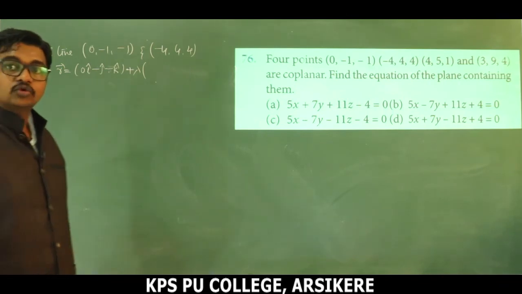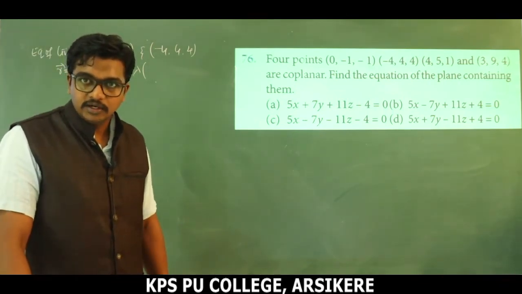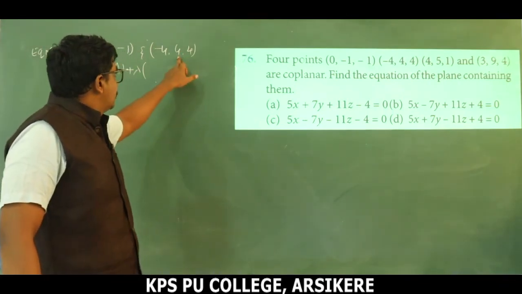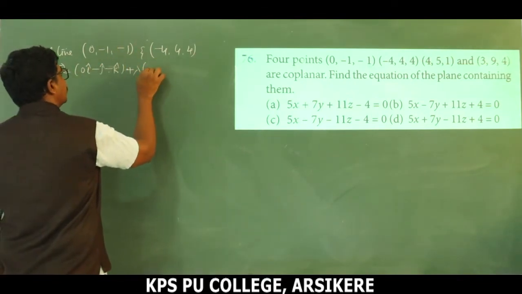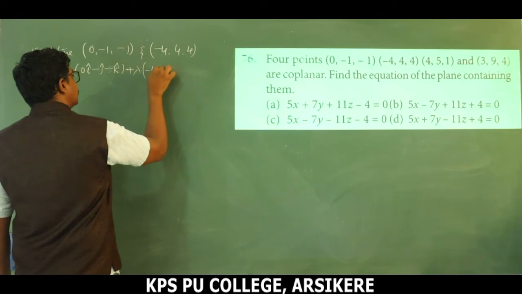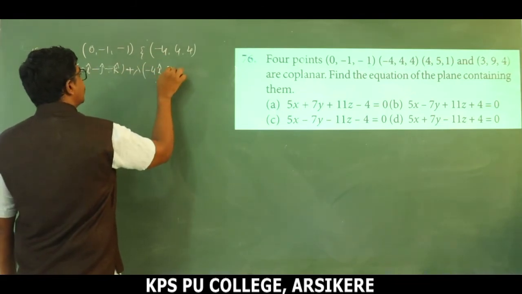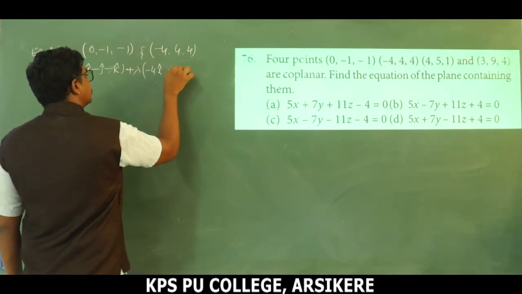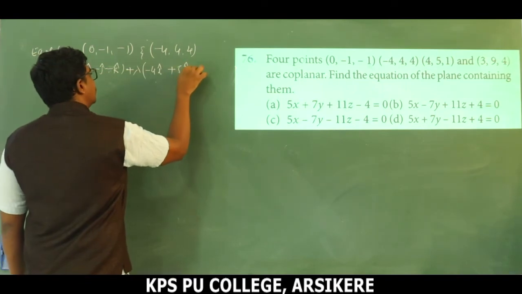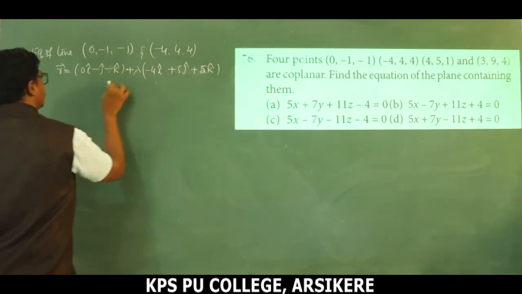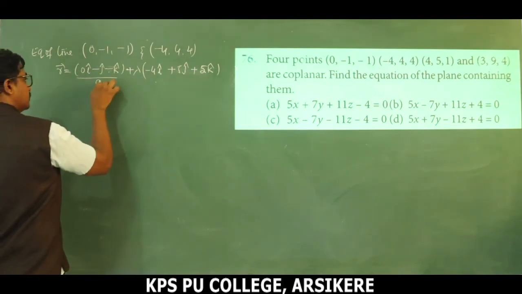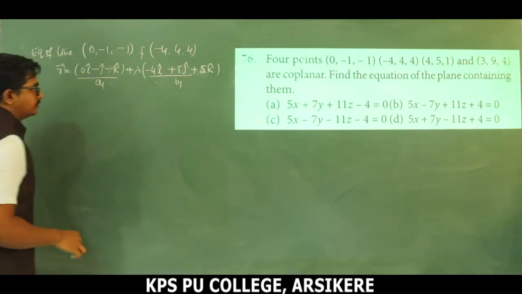So we have vector b minus vector a. This is vector b, this is vector a. x2 minus x1: minus 4 minus 0 is minus 4 into i cap, and the next one, 4 minus of that becomes plus 5 into j cap, and 5 into k cap. Here this is vector a1, this will be b1.